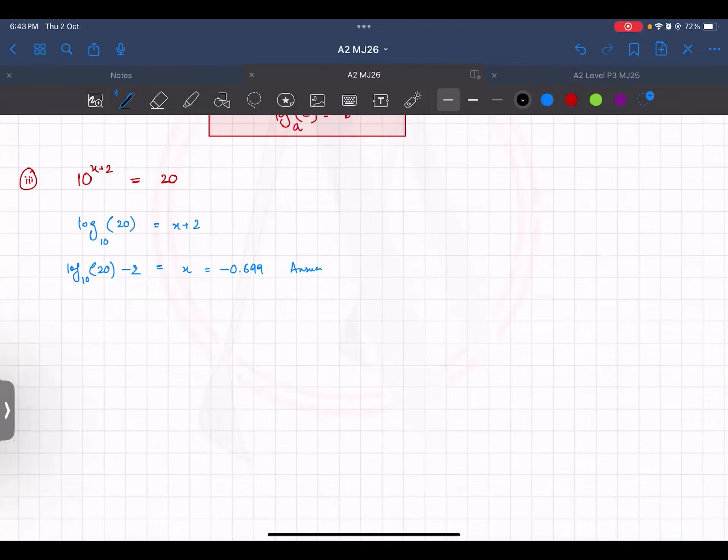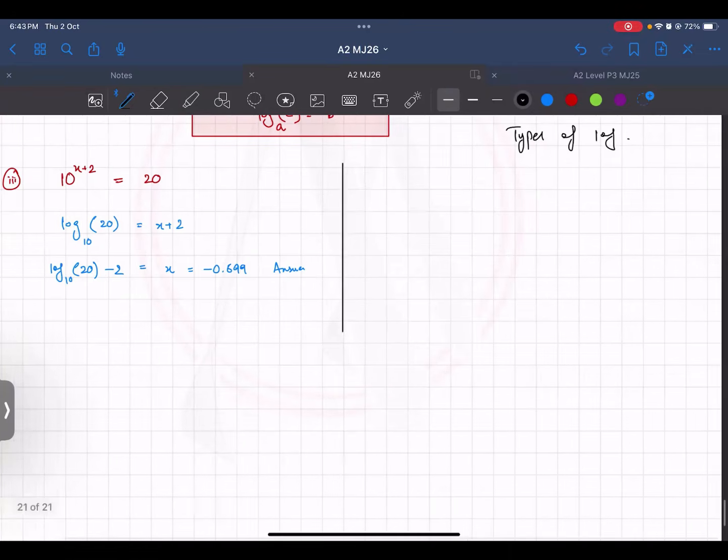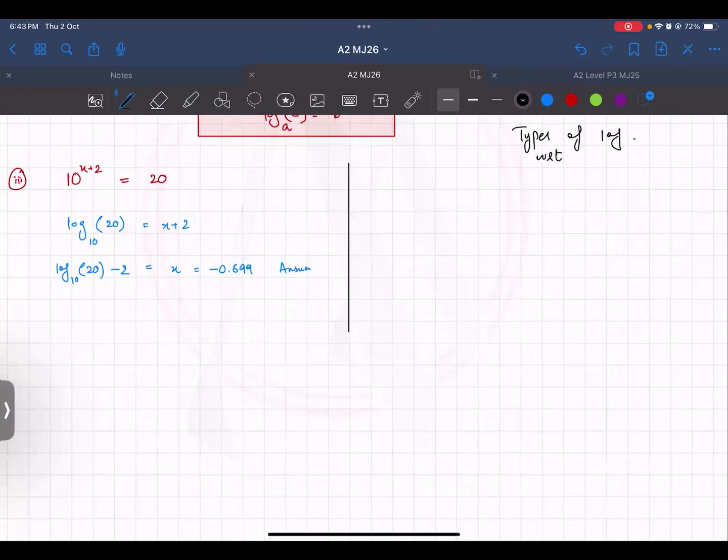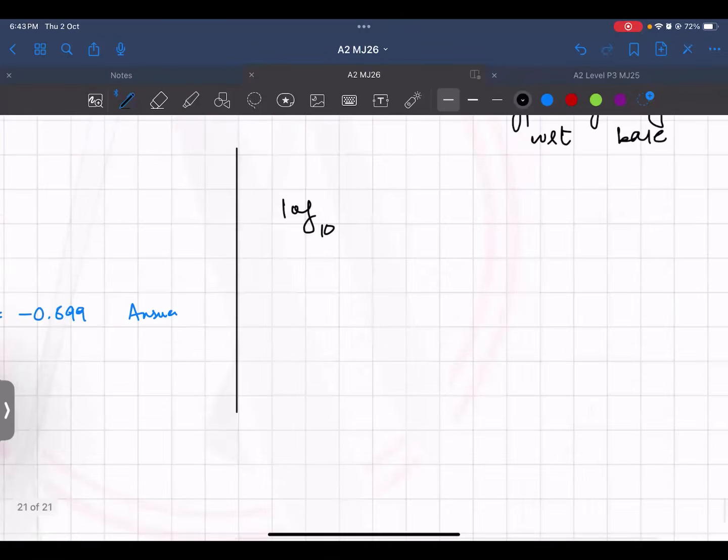Okay. Now there are 3 types of logs, types of logs with respect to the base of the log. If the base of the log is 10, you don't need to necessarily write log of 10.